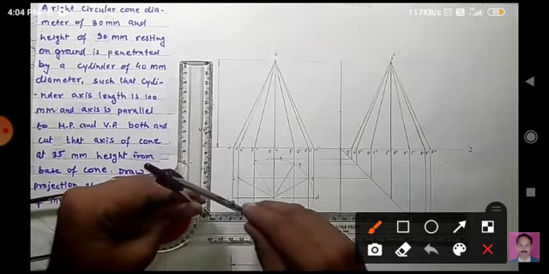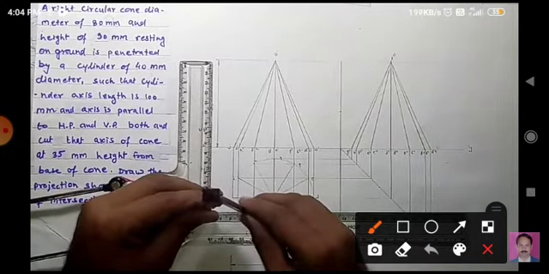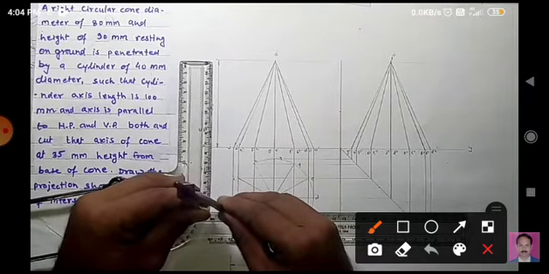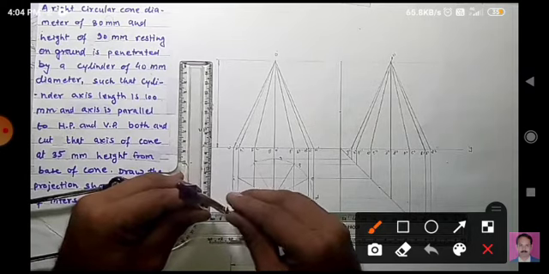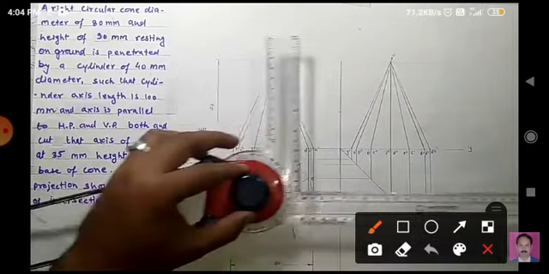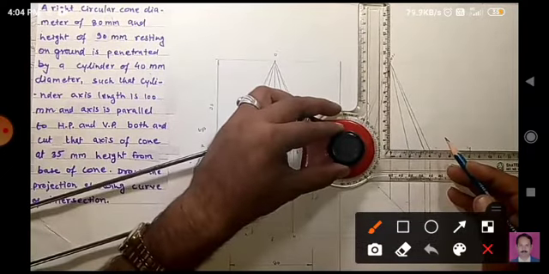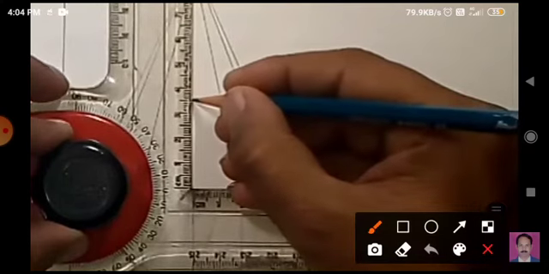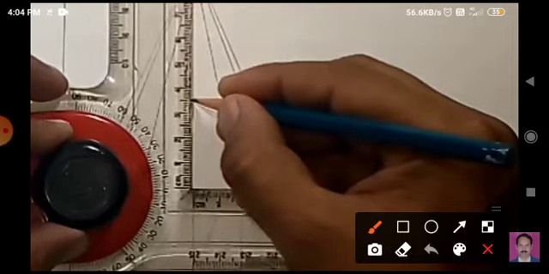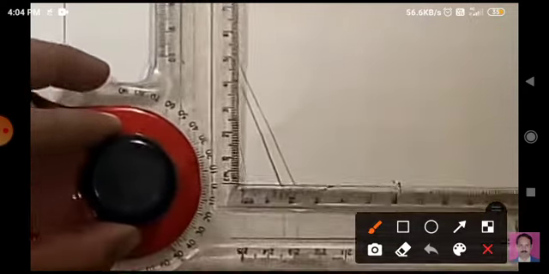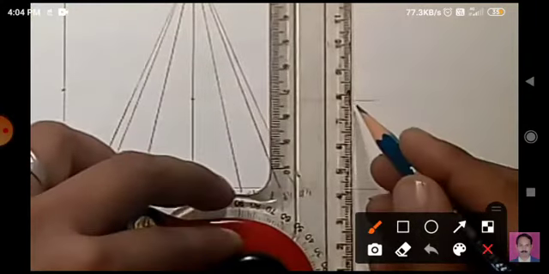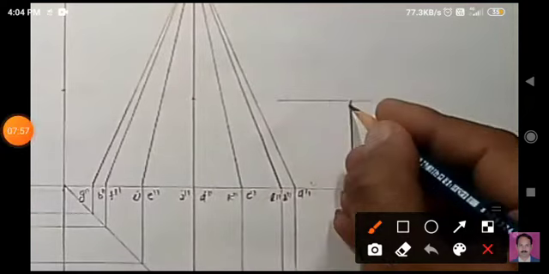Now you can see the axis is parallel to the vertical plane and perpendicular to the horizontal, and then you have to draw it. Its length is 100 millimeter and 35 millimeter above the horizontal plane, and 40 millimeter diameter. So take 35 millimeter distance from the horizontal plane where the axis of the cone and horizontal cylinder are intersecting.